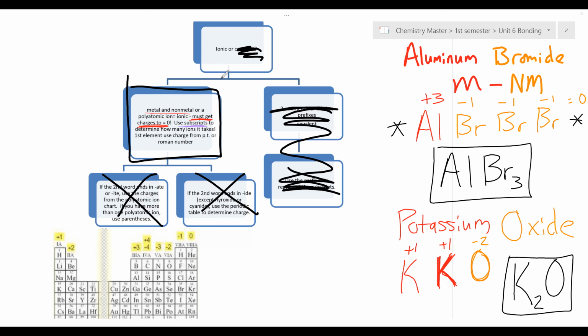All right, how about I'll give you 2 of these. So here's number 1. Here's number 2. This one is calcium nitride for 1.